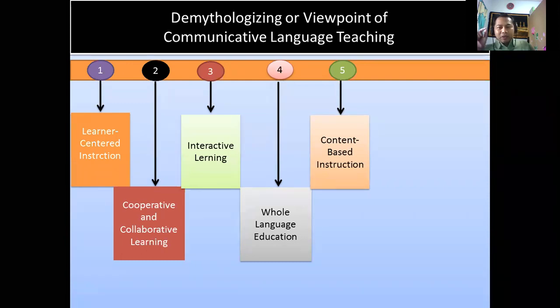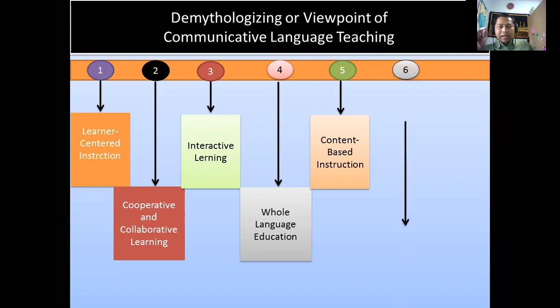Let's say you discuss juvenile delinquency, the condition of politics in Indonesia, Indonesian culture, Indonesia's educational systems, the local culture. All your discussions use English. If you do that, your activity is called content-based instructions.